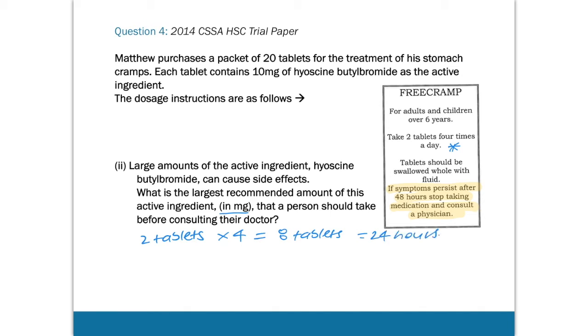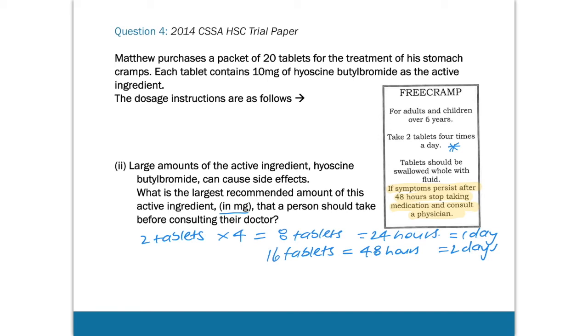So if we take 8 tablets in 1 day, therefore it's 16 tablets over 48 hours, and that's 2 days. It says that if the symptoms persist after 48 hours, you should stop taking the medication. That's the largest recommended amount of this active ingredient. So let's go back to the question. It says that each tablet contains 10 milligrams, right?